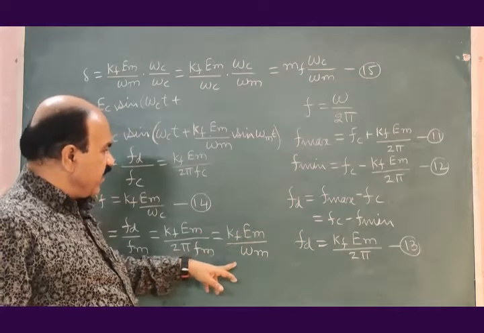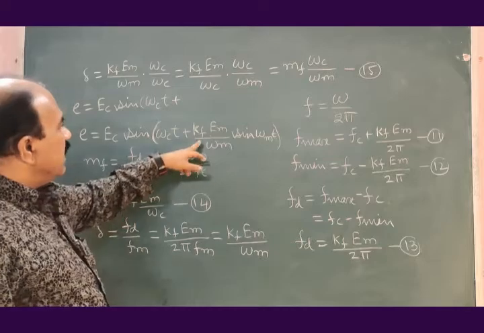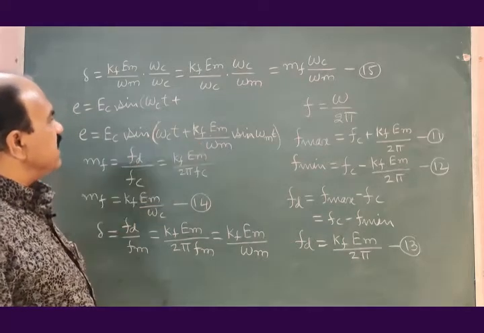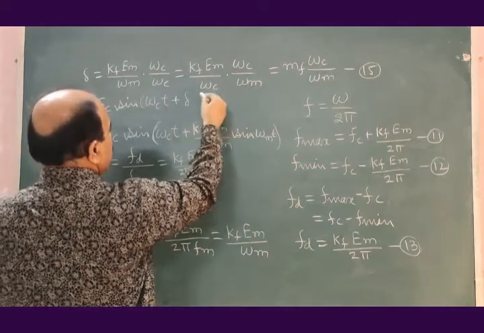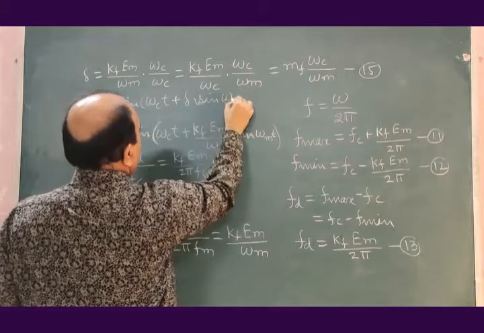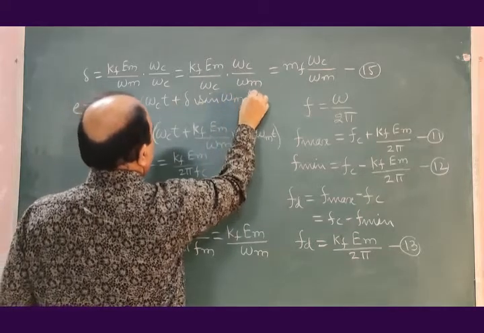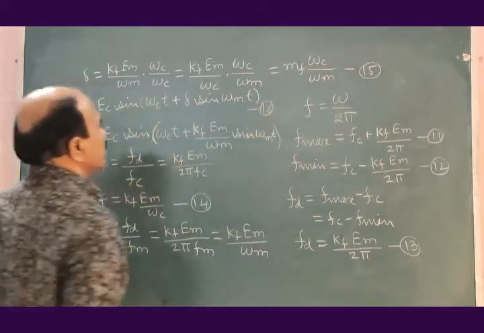What is kf em by omega m? Delta. So we can write this simply as Ec sin of omega c t plus delta sin omega m t. Equation number 16.